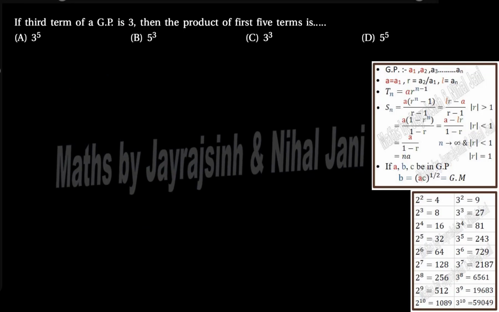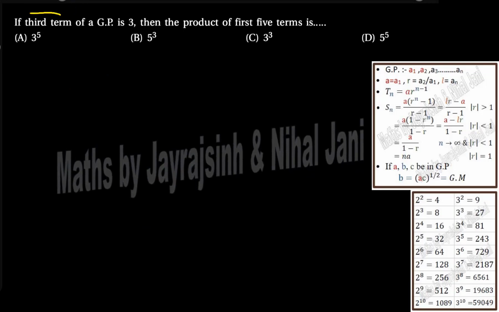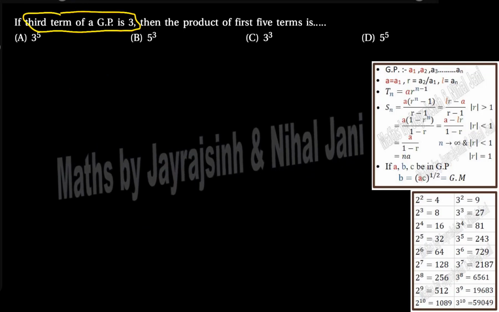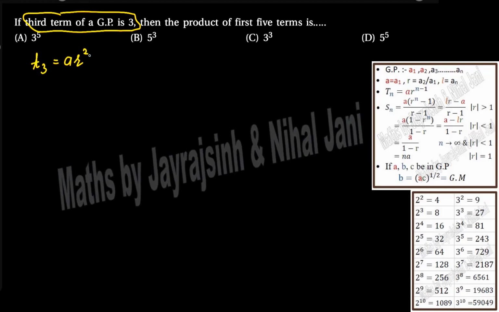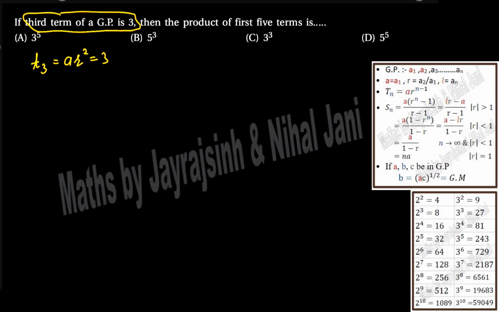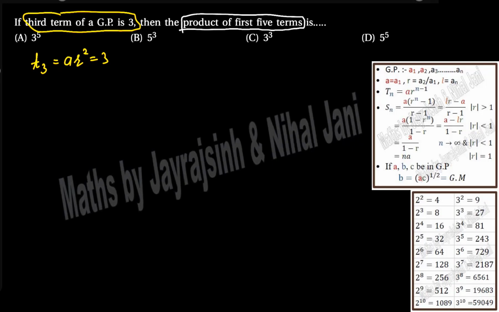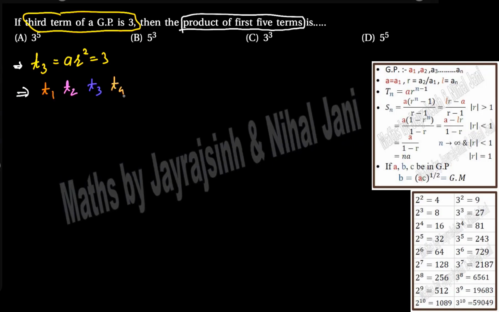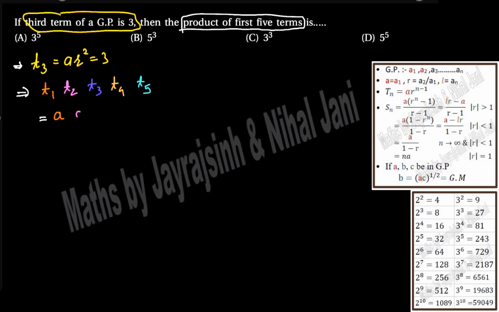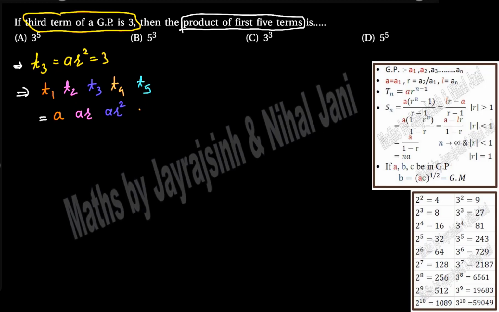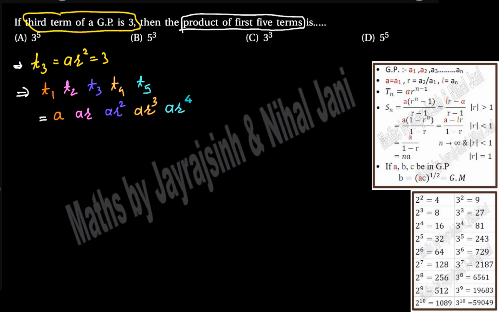In this question, it is given that your third term of GP is 3. So we can say AR raised to 2 must be 3. Then we have to find the product of the first 5 terms, where your first term is A, second term will be AR, third term will be AR square, fourth term will be AR cube, and fifth term will be AR raised to 4.